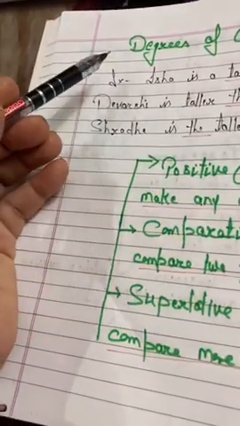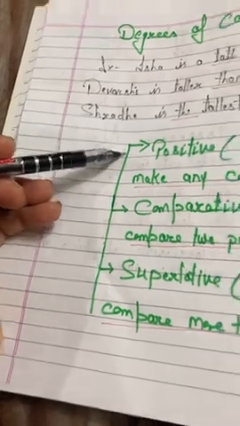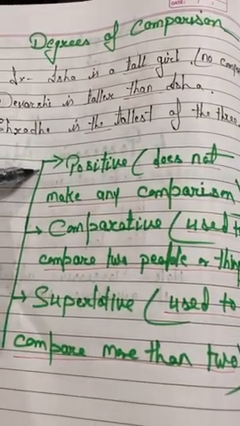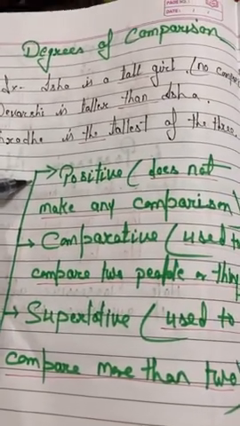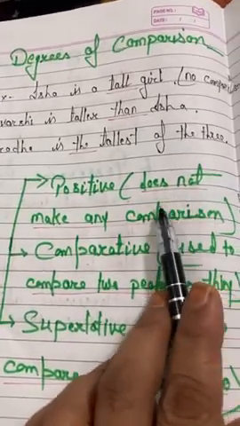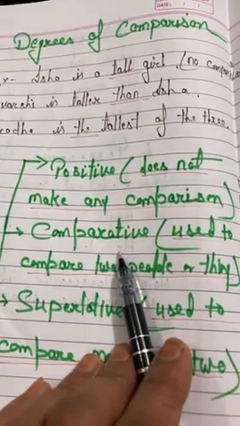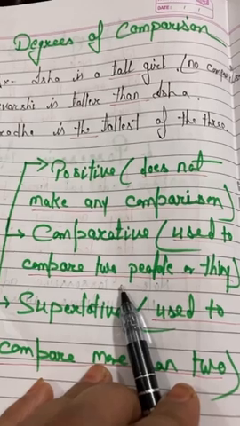Clear? So adjectives are classified into 3 degrees. Positive degree: here in positive degree we do not make any comparison. Second is comparative degree. This degree is used to compare between two people or things.